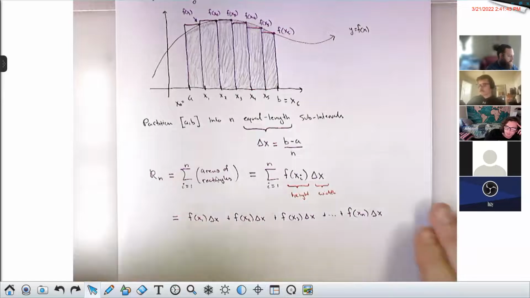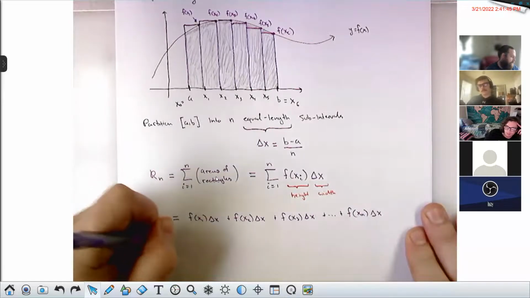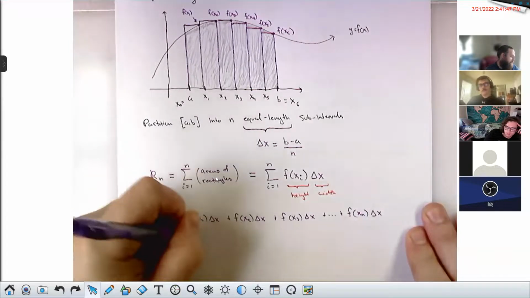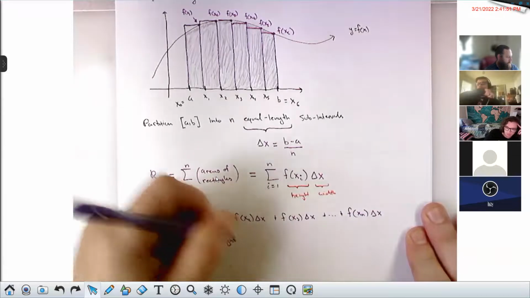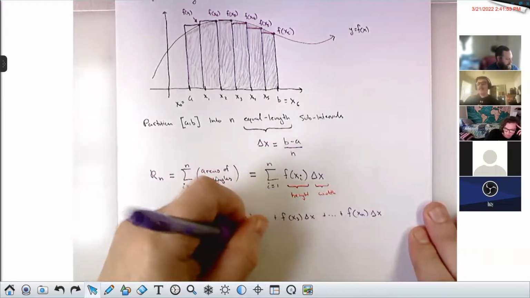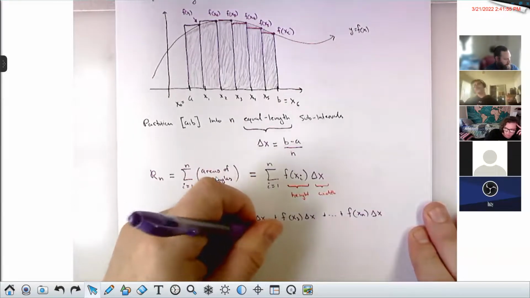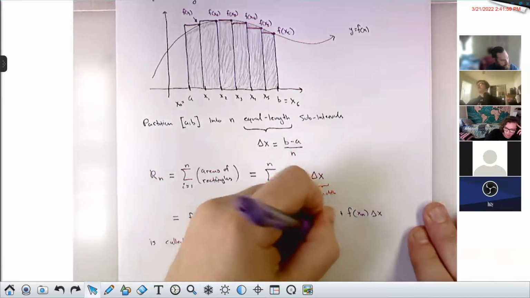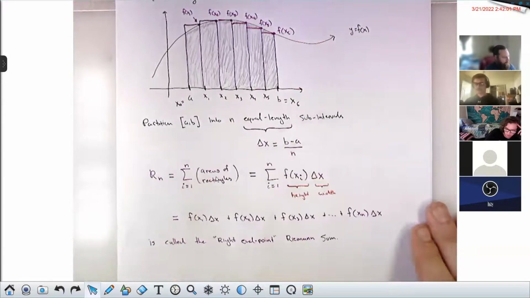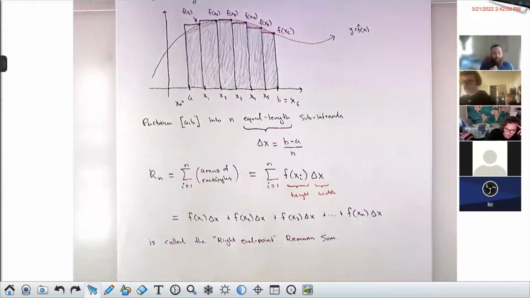This is called the right endpoint Riemann sum. You might guess from that there's also a left endpoint Riemann sum, and that is what it sounds like.